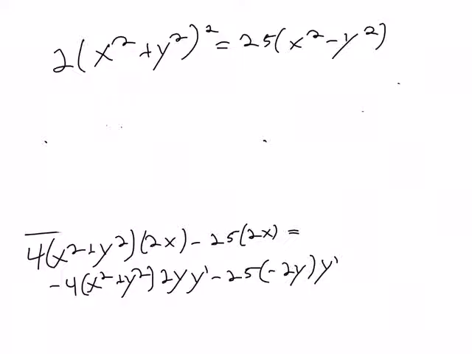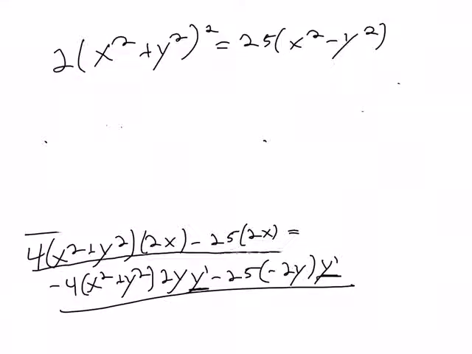Let's see, we're going to take it a y. If we want y prime to be 0, we set this to be 0 and this to be 0, so this whole thing is 0.